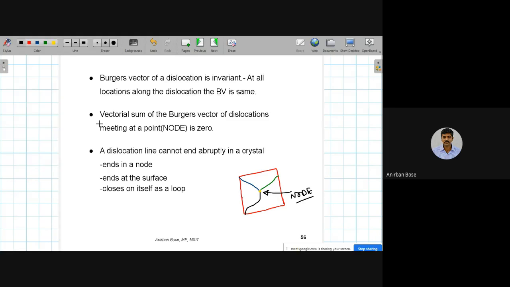So according to this statement, the vector sum of the Burger's vectors of the dislocations meeting at the node is 0. So this particular dislocation indicated by the blue line may have a Burger's vector, say B1. Maybe this one has some Burger's vector, say B2. And this one may have some Burger vector, say B3.